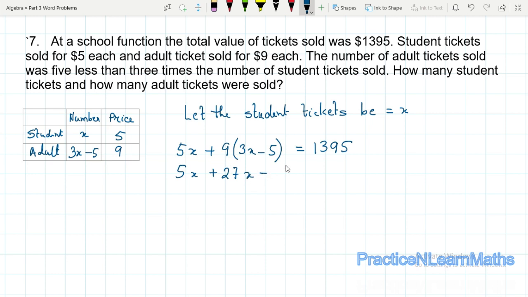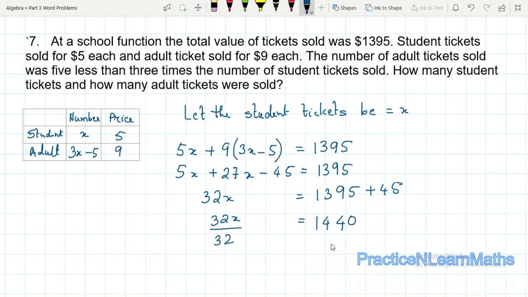Expanding the brackets, we get 32x. Adding 45 to both sides, we get dividing both sides by 32, x is equal to 45.